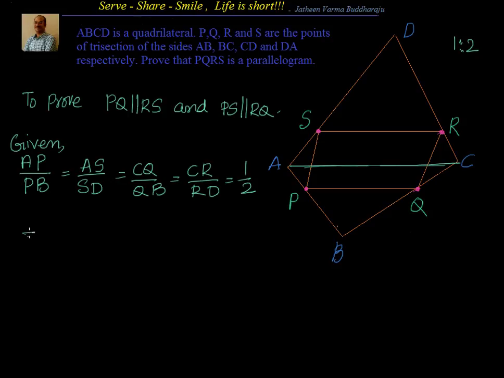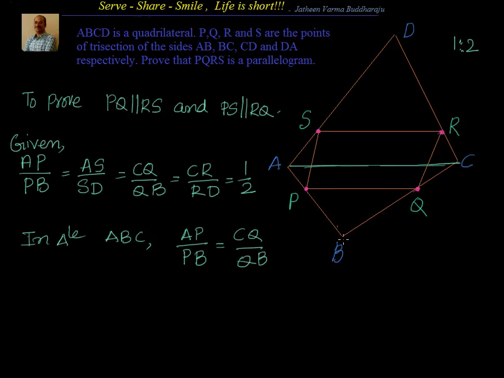Okay. Now let's consider this. Let us see, in triangle ABC we have AP by PB is equal to CQ by QB.